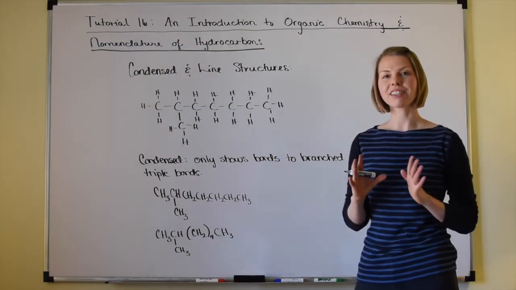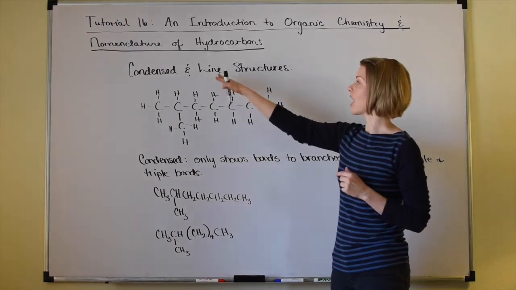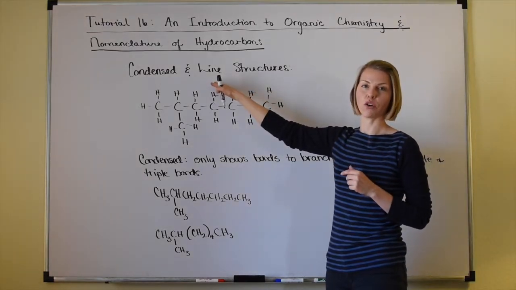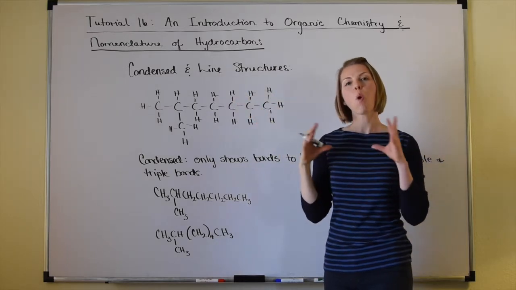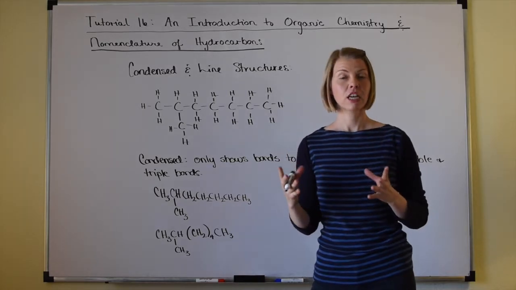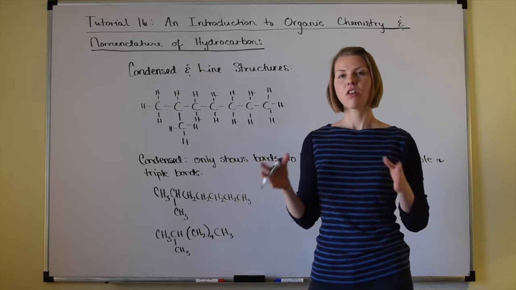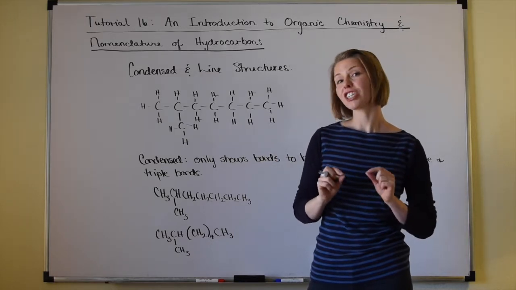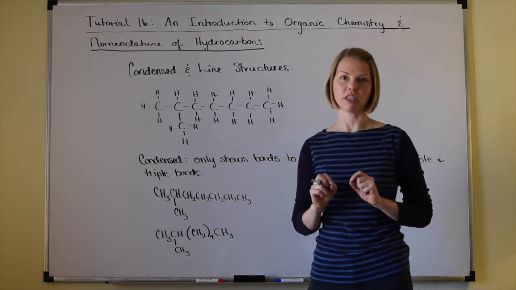But even faster and more convenient are going to be your line structures for organic molecules. In a line structure, the points all represent carbons. Your hydrogens are just assumed for octet. The only atoms that you're actually going to write in would be atoms that are not carbon and hydrogen.